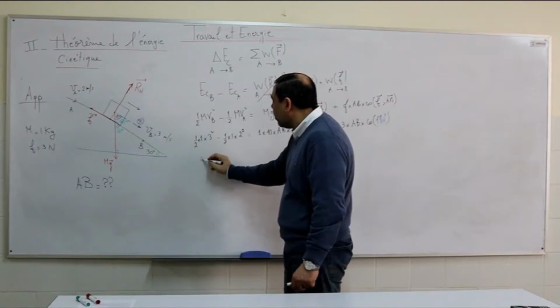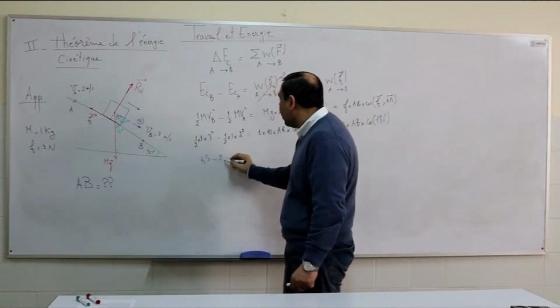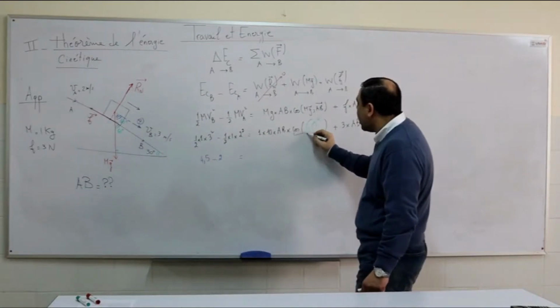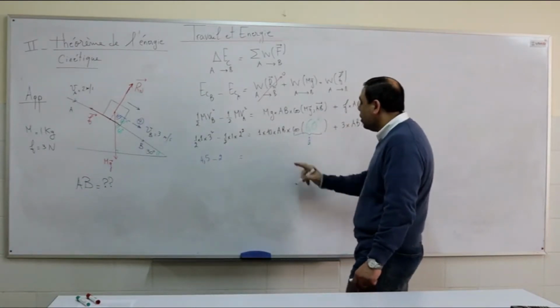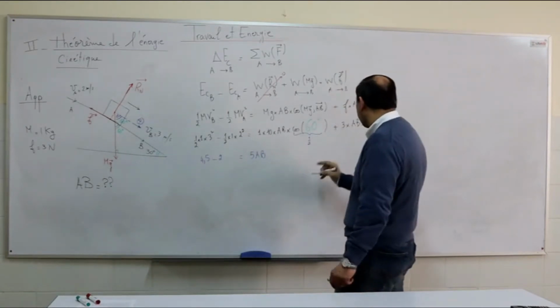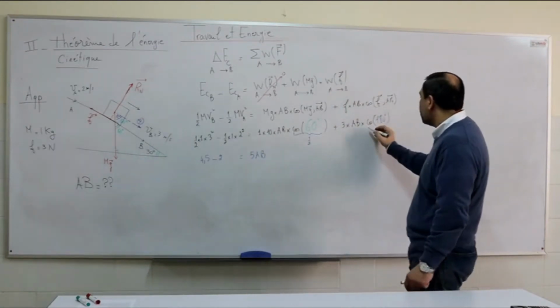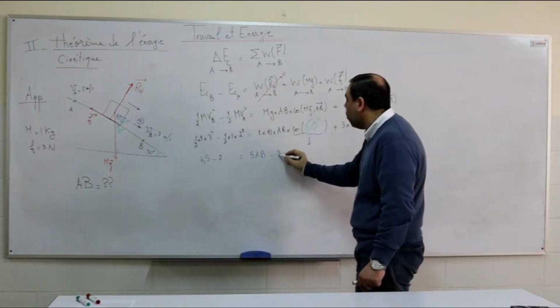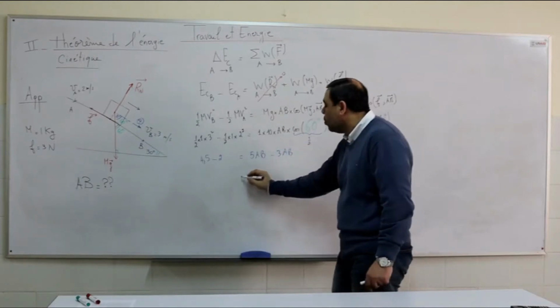The answer here is 4.5 minus 2. Cosine 60 is half. So 5AB. Cosine 180 is minus 1. Minus 3AB.